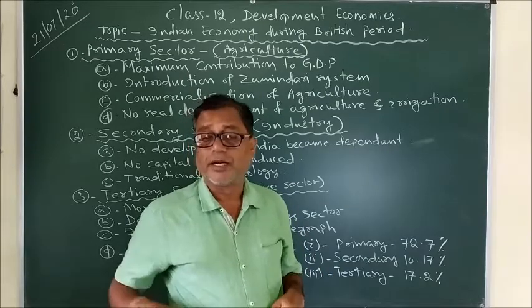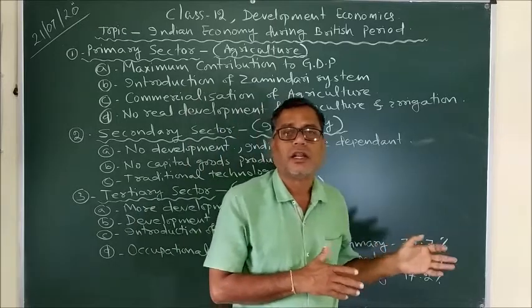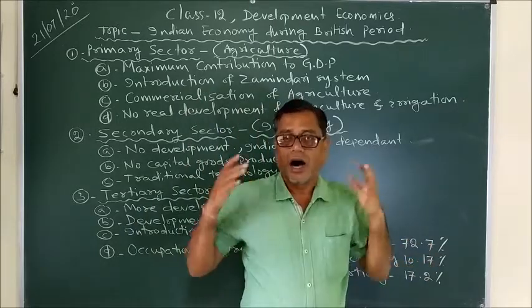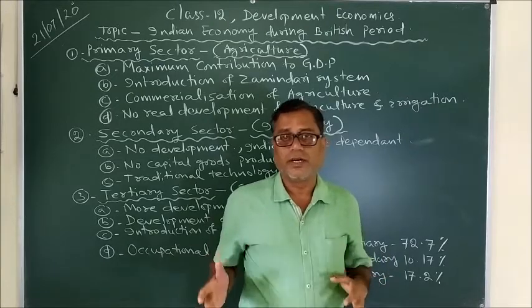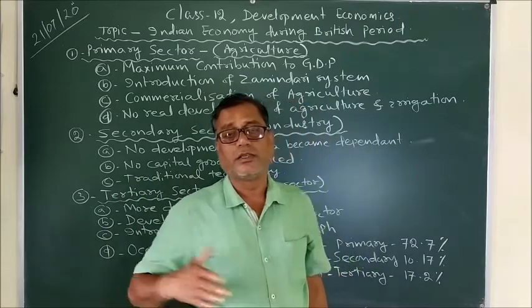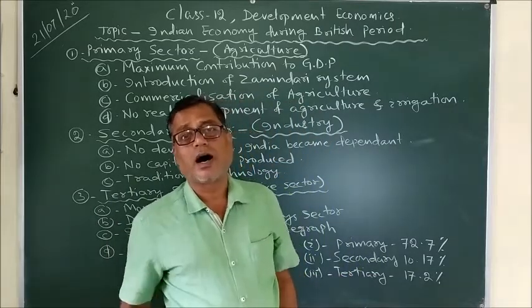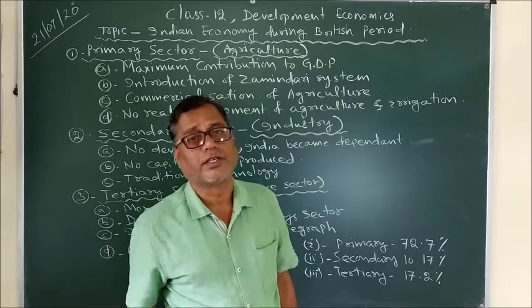Different types of goods are produced. Some are related to the primary sector, like agricultural products. Some are related to the industrial sector, where we add value in processing, and some are related to the service sector, like banking, transportation, etc.